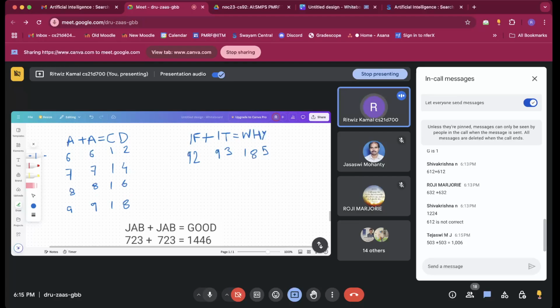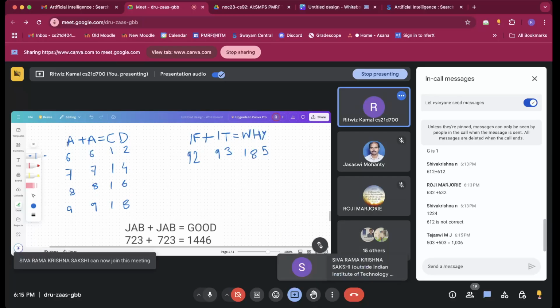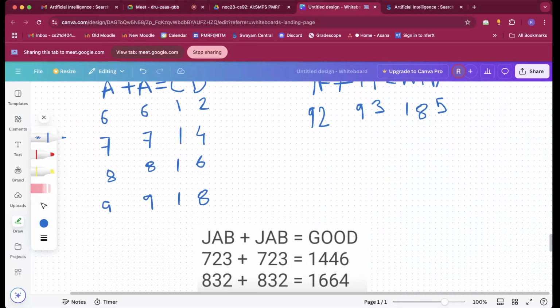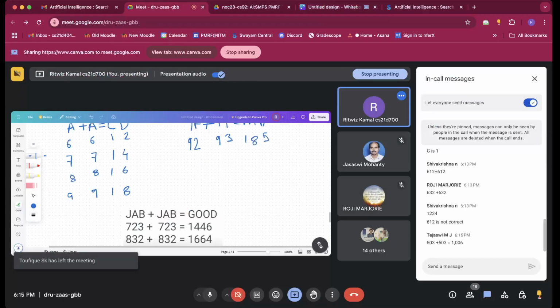Okay, Tejasvi, again I'll remind you of one of the constraints that is given in the problem. We should assign non-zero numbers to the alphabets, right? So 503 should not work. Can you think of something starting with 800 or 900? Okay, so this is one more possible solution.